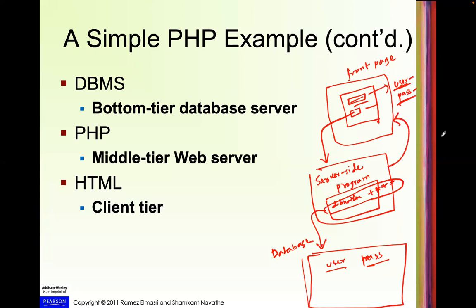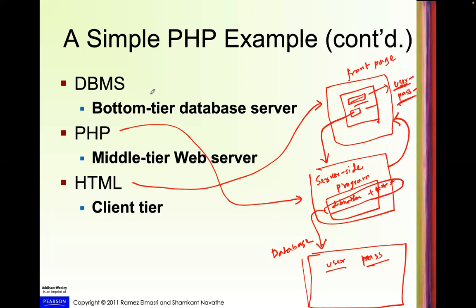So here, what do we need? You can see that this is the HTML, our client tier. This is the middle tier, the web server with PHP. In this example we are showing you how to write a simple web-based application using PHP.